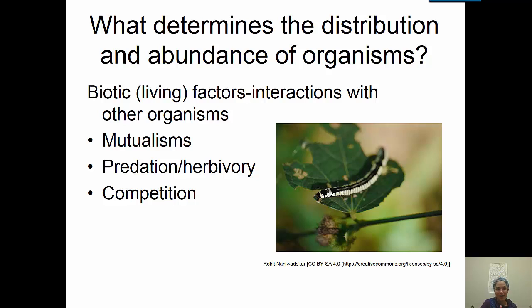Certain plants have very specific relationships with specific pollinators. Those pollinators are helping them reproduce. The plants in return are often feeding the pollinators. But if the plant is relying on a single pollinator, we won't find that plant living in places where that pollinator is absent. The same can be true of herbivores.